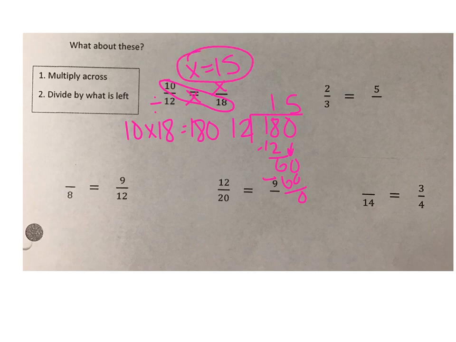So for this next one, we're going to do 5 times 3 divided by 2. Go ahead and do it and then come back and check it. 5 times 3 gives me 15. 15 divided by 2. It can be a decimal, that's okay.